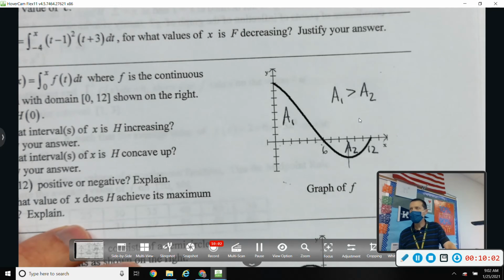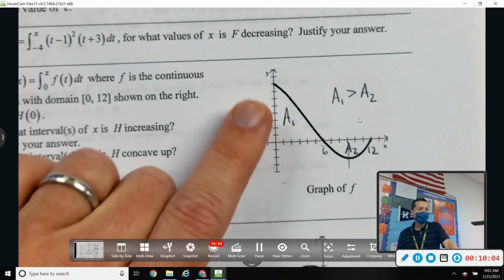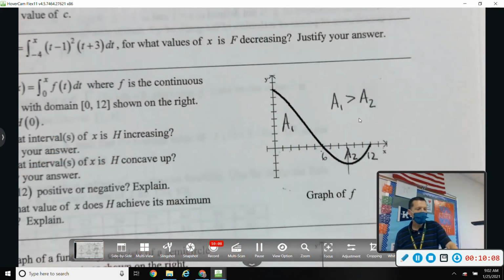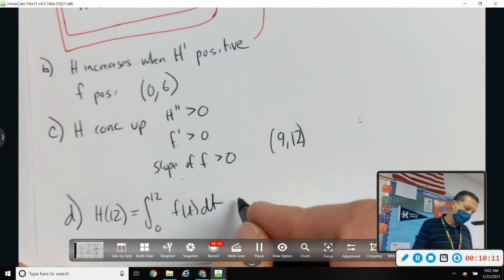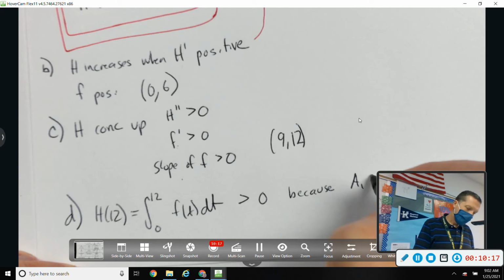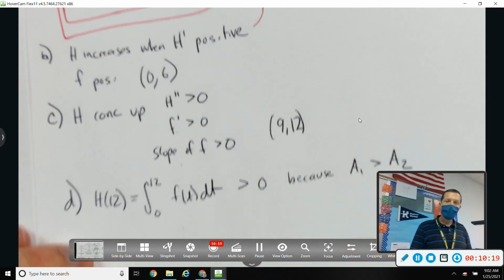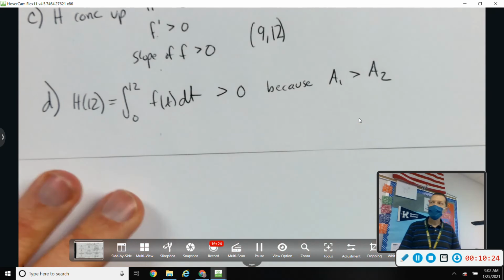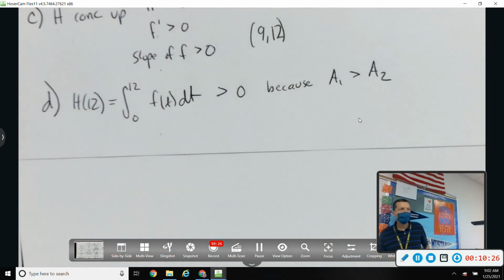This is what you guys were saying. And so if A1's bigger than A2, that's more positive area than there is negative area. So h of 12 is greater than 0 because A1 is greater than A2. And you can say that as long as you had A1 and A2 labeled. Right? So you can introduce new variables into your explanation as long as it's clear what those variables are.